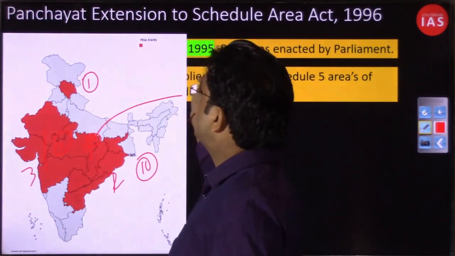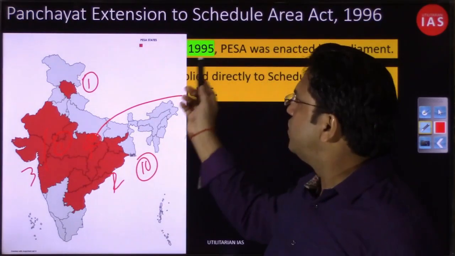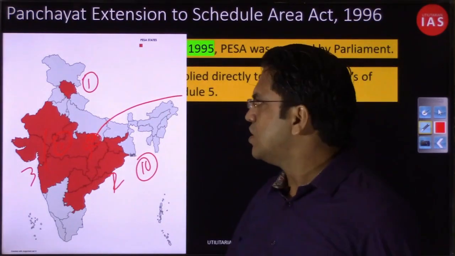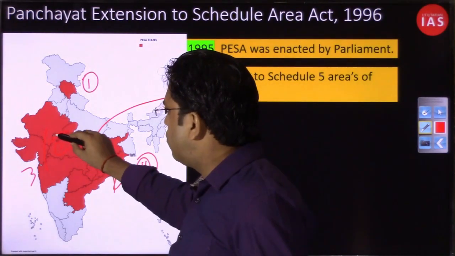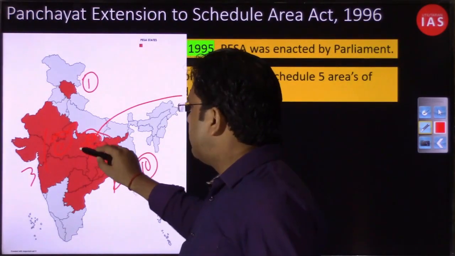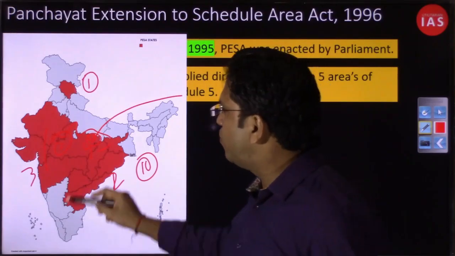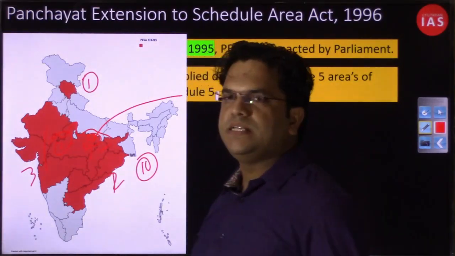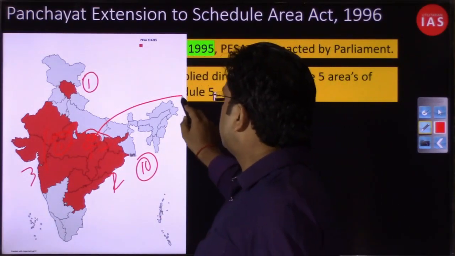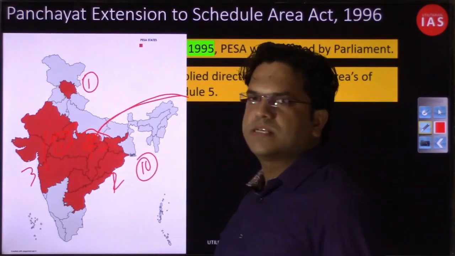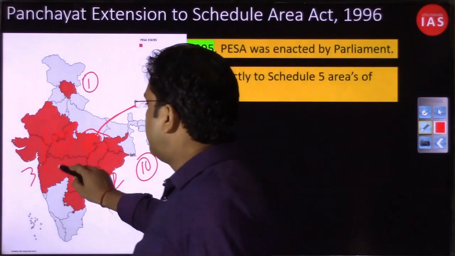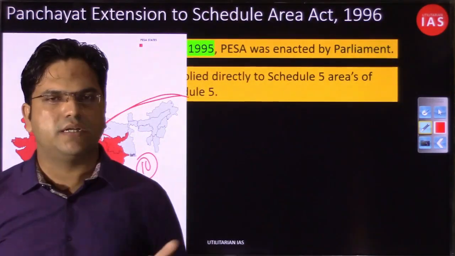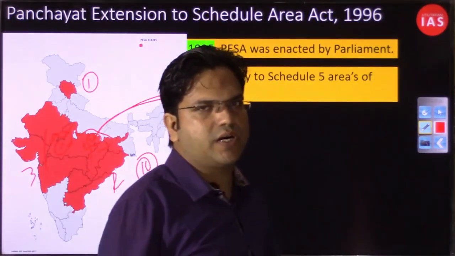So the provisions of this PESA Act, whatever we'll discuss, will not have application over the entire Madhya Pradesh, but only over these 2 pockets, because only these have constitutionally been falling under Schedule 5. I hope you have understood. Similarly with Maharashtra, Gujarat, Rajasthan and the other states.